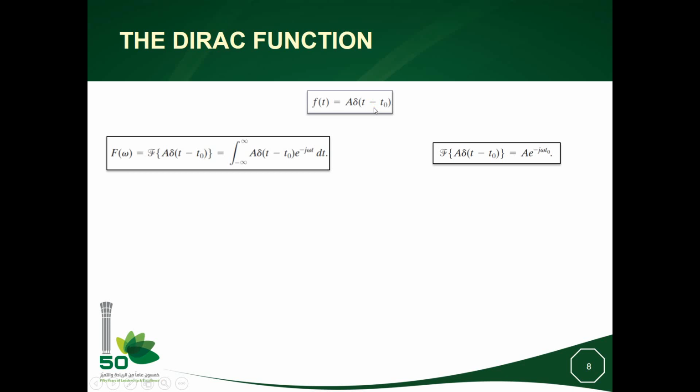Now I am interested in evaluating the Fourier transform of this delayed pulse of amplitude A. So I will note F of omega, the Fourier transform of A delta of t minus t0, which is by definition the integral from minus infinity to plus infinity of A delta of t minus t0 times exponential of minus j omega t dt. So this delta multiplied by a function will be equal to the function evaluated at t0 times the same delayed delta.